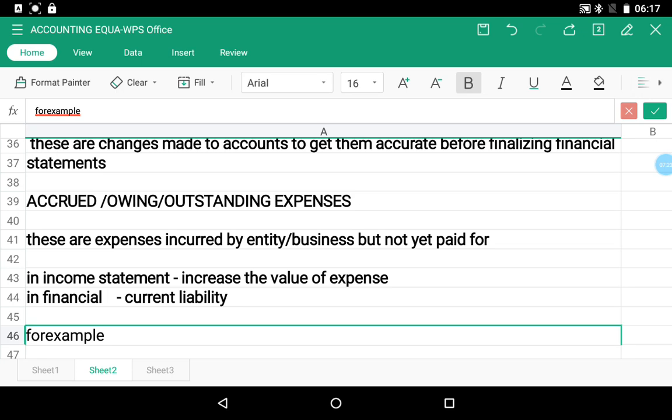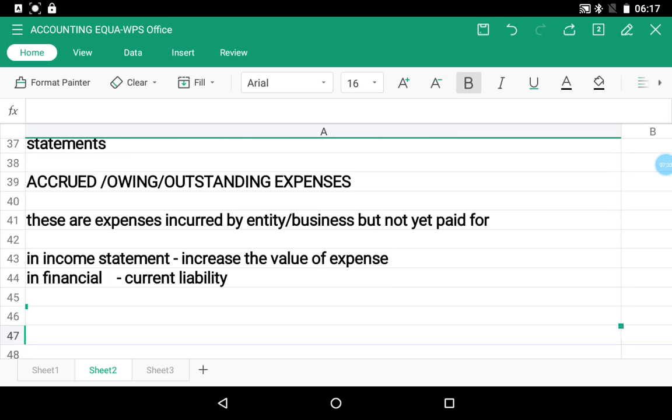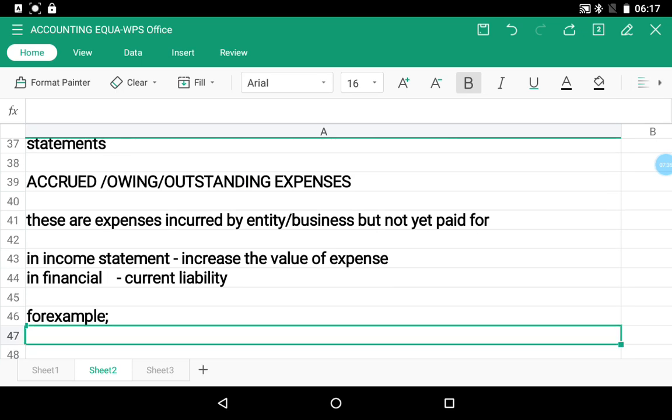So when you check, we have our transaction here. They have said salary is 20,000.